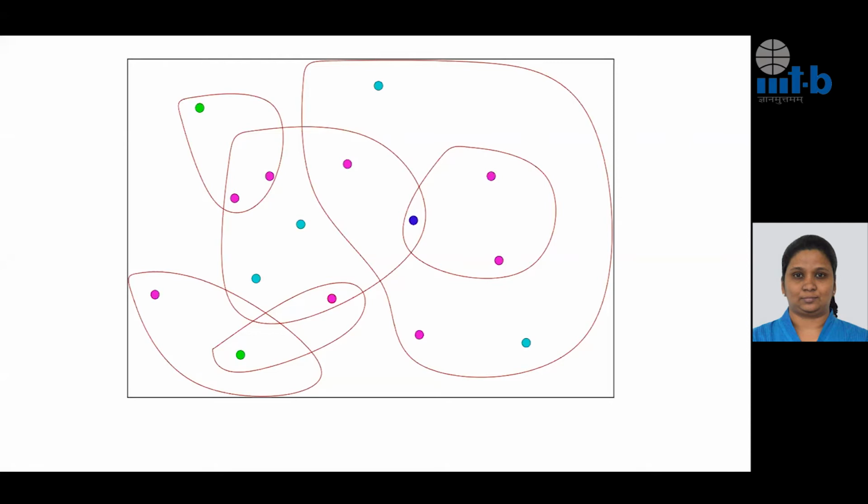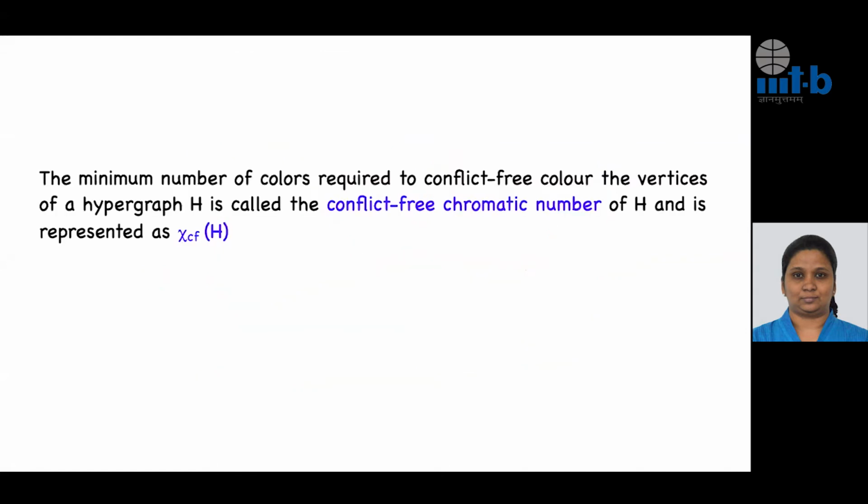If you take any hyperedge, you can see that there is a vertex whose color is not repeated in the hyperedge. Now, for a given hypergraph, the minimum number of colors required to conflict-free color the hypergraph is called the conflict-free chromatic number of the hypergraph.